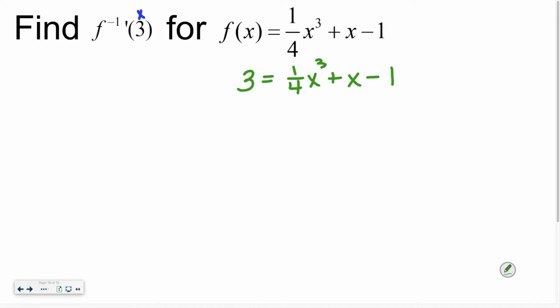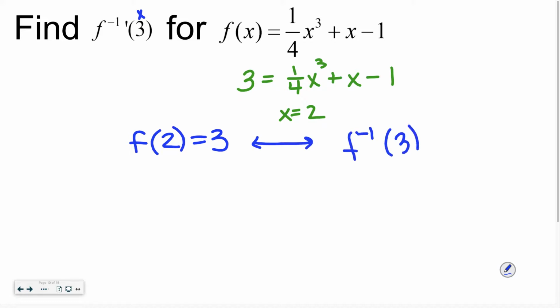Yeah. 8 times 1/4 plus 2 minus 1. Does that work? Okay. So what we know is that f of 2 equals 3, which would also mean that f inverse of 3 equals 2.